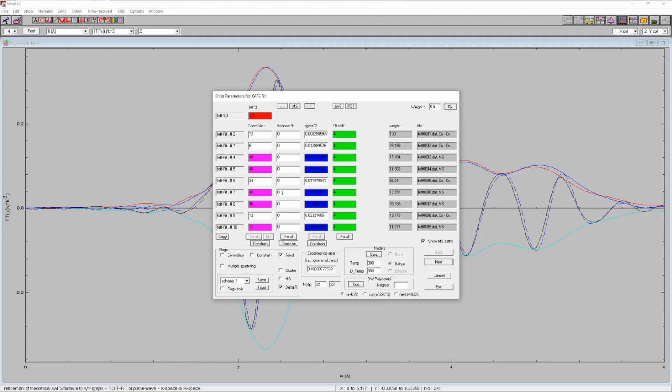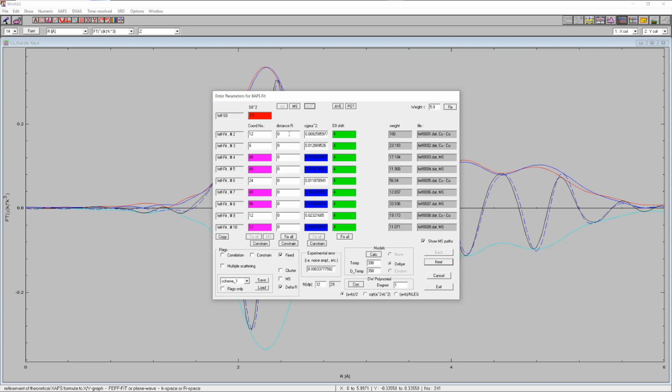The advantage of refining the delta R instead of R itself is that we can now correlate those delta values to be all the same in this refinement.